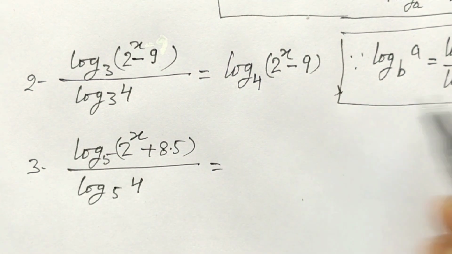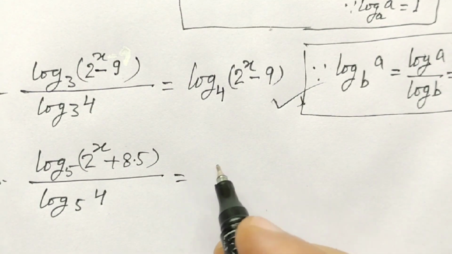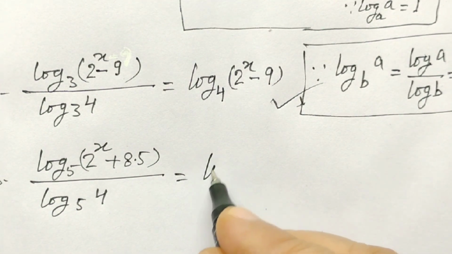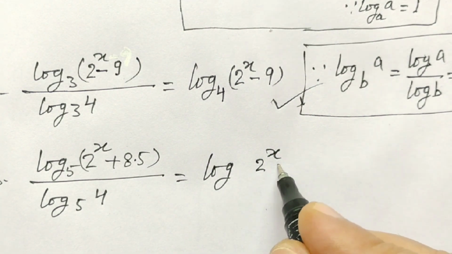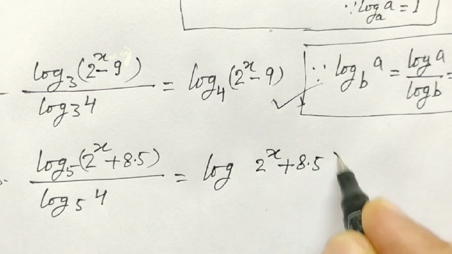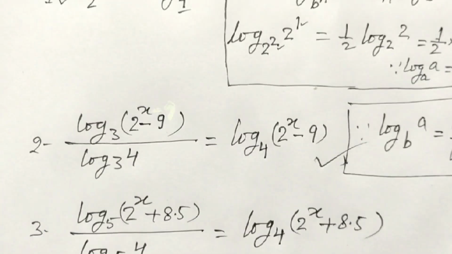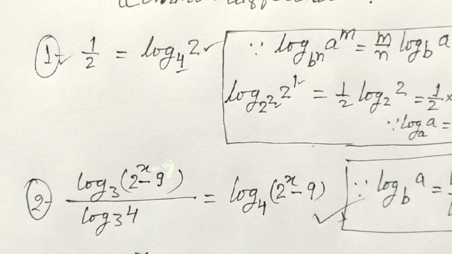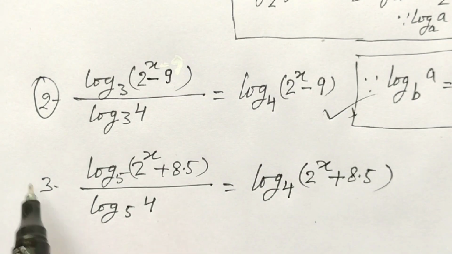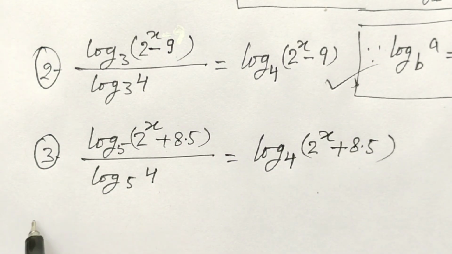So using the same, we can transform it into log of 2 to the power x plus 8.5 to the base 4. Now we have the first, second and third terms of the arithmetic progression.